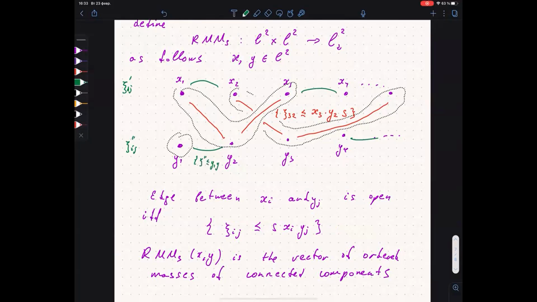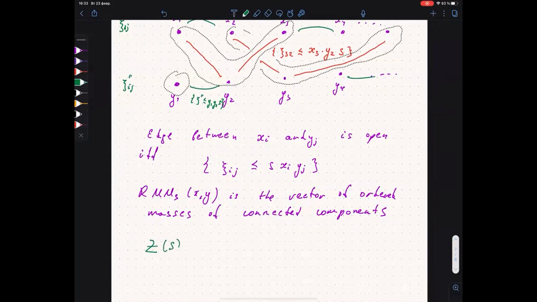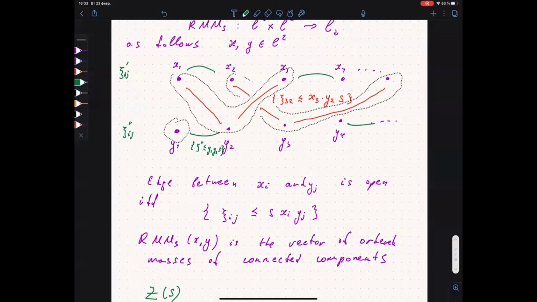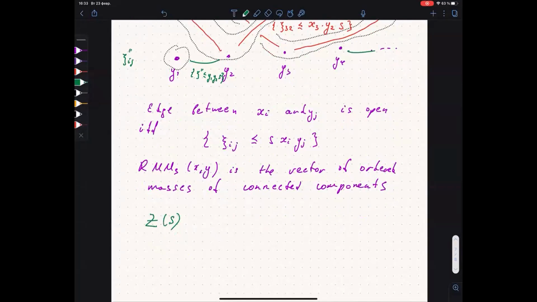Say y, y2s. Then we consider that random graph, and let the vector z of s be the infinite vector whose components are the masses of connected components of the graph where those green edges are also present.